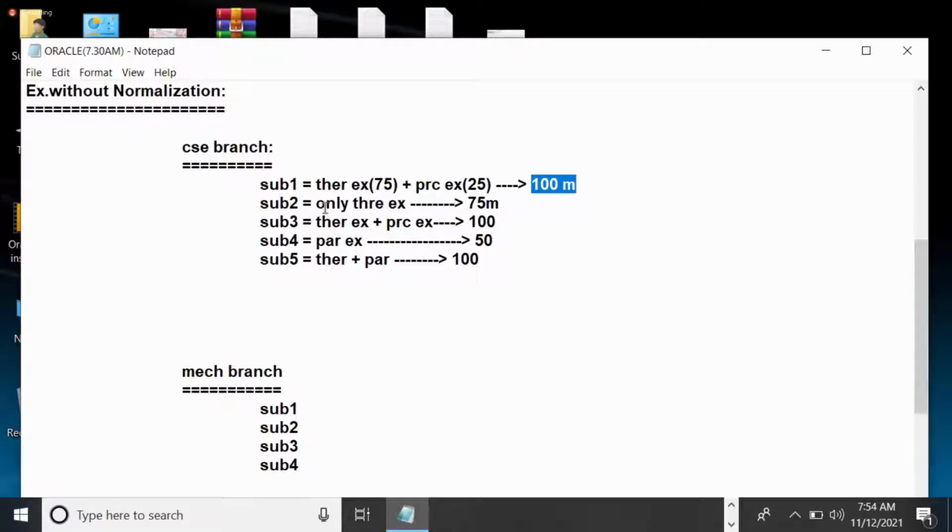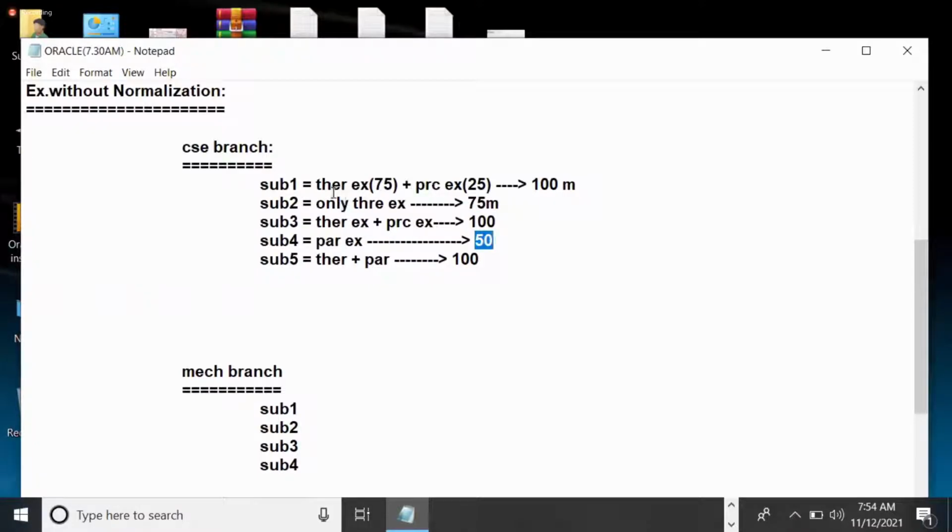In the second subject, I'm writing only the theory examination, that's why my total marks is 75. So 100, then 75, changing. Again subject number 3, theory plus practical, again 100. But subject number 4 has practical, which is 50.